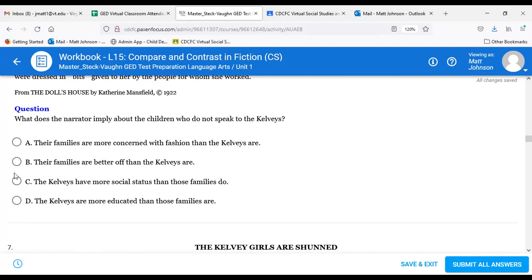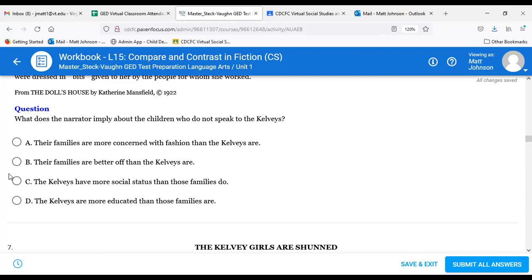What does the narrator imply about the children who do not speak to the K's? A, their families are more concerned with fashion than the K's are. B, the families are better off than the K's are. C, the families have more social status than those families do. D, the K's are more educated than those families are.